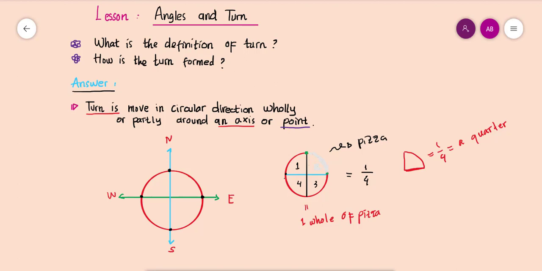Okay, now let's see if teacher Fia wants to erase a half of the pizza. I will eat a half by myself. Okay, kids, let's see. Now it's already erased by a half. There's only a half left.